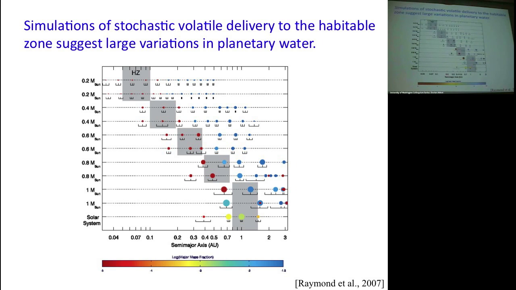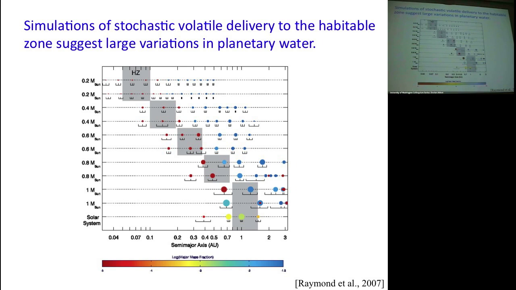So you could have planets that end up very dry right around the habitable zone, or planets that end up very wet. These colors indicate a wet planet or a dry planet, it's a log scale. And then this is Earth, somewhere in this range. So you can have planets 10 to 100 times wetter or 10 to 100 times drier in the habitable zone. And this is also by someone from your program, I believe, Raymond.